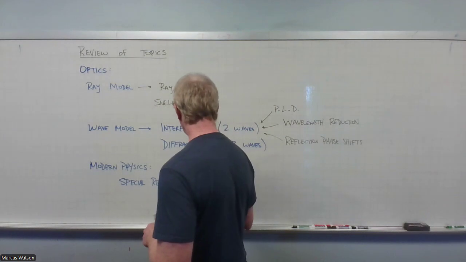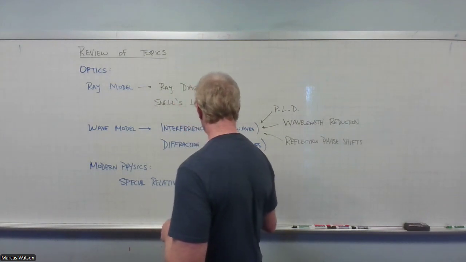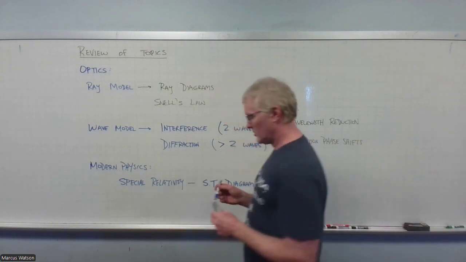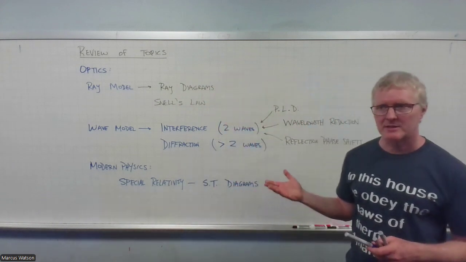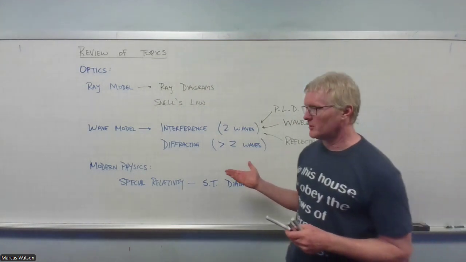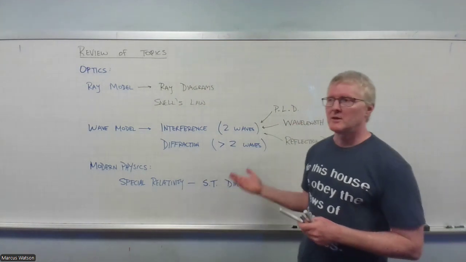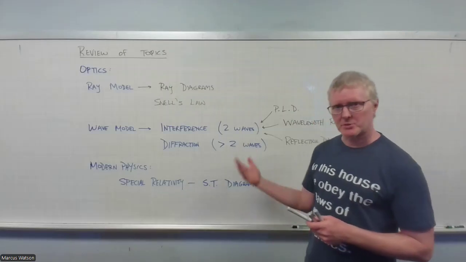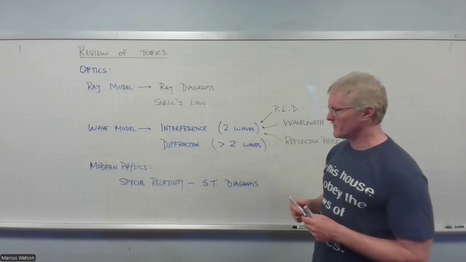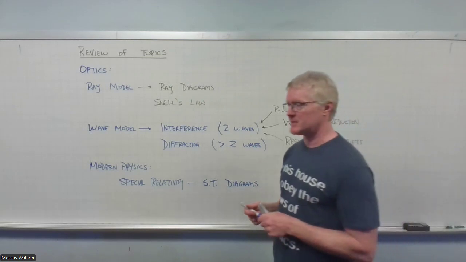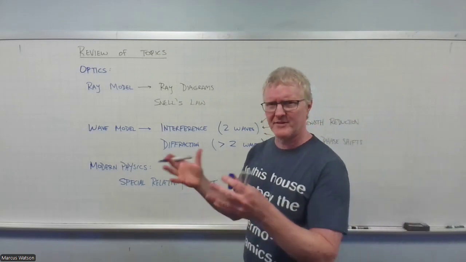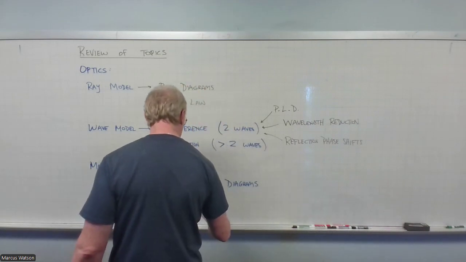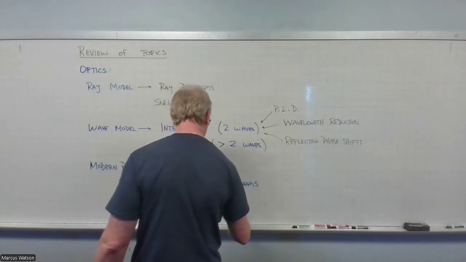So, ST diagrams. Looking at what those look like and looking at the order of events. When things are simultaneous, how do we figure that out, etc., etc. So looking at the space-time diagrams along with time and space differences, right? We would call this time dilation and length contraction.